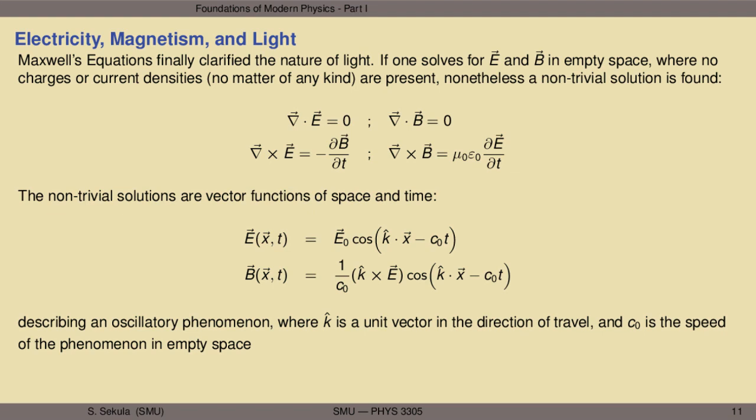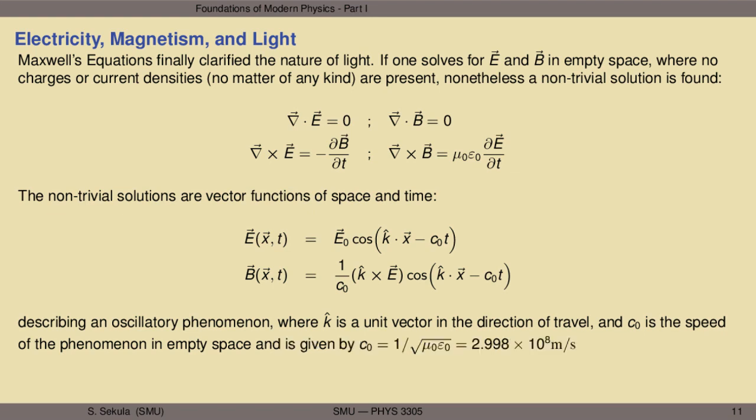K hat here simply indicates a unit vector that's in the direction of travel of the phenomenon. And this number, c with a 0 subscript, that turns out to be the speed of the phenomenon in empty space, because that's the kind of space we're considering here. Empty, no matter, no charges, no currents.